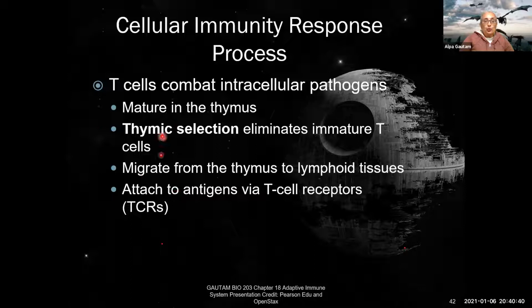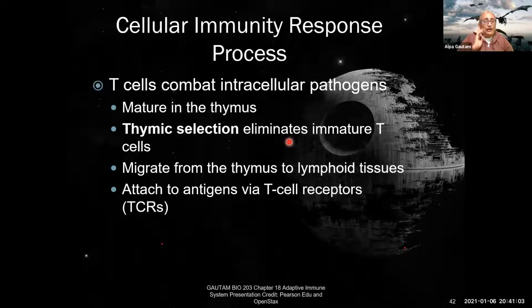So these T cells that are born in the red bone marrow go through thymic selection, where you have a selection of T cells that have the proper type of T cell receptors that are not going to bind to your self cells, and only to non-self cells.